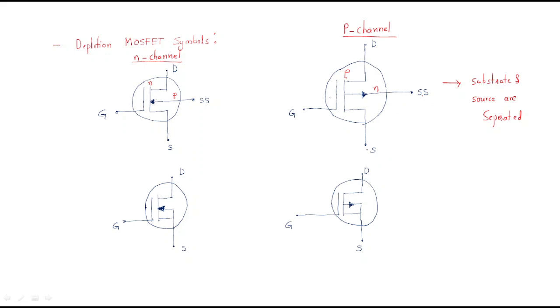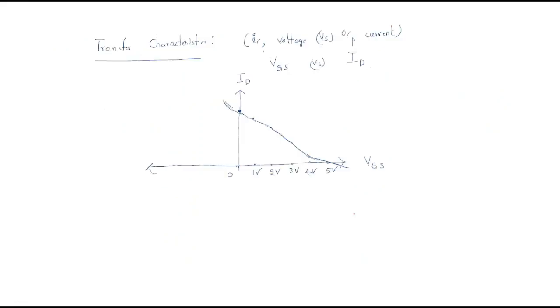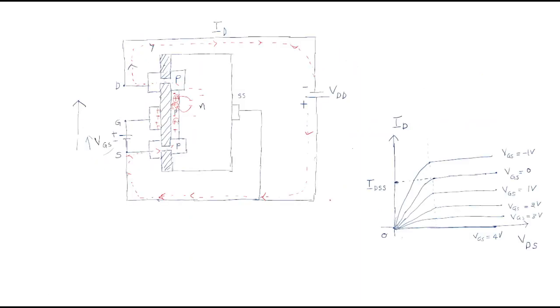If the substrate and the source are combined together, the diagram is modified. Same diagram, but both will be shorted. Look here, this substrate and this source will be shorted, and here also the substrate and source are shorted. What is the meaning of shorted? Just observe, here is a source element and here is a substrate element. The substrate is nothing but the body of the element.